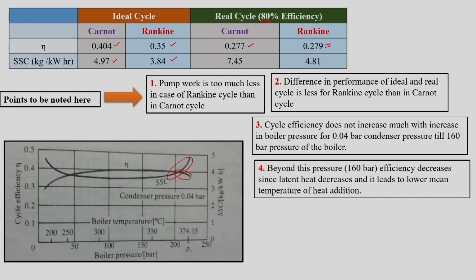Further, efficiency decreases, and that decrement has a prominent reason: at higher pressures the latent heat actually decreases for the steam power plant, but our point 3 is always fixed on the dry saturation point corresponding to the boiler pressure.